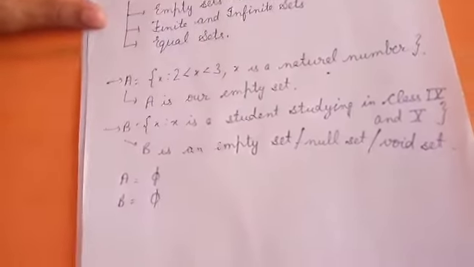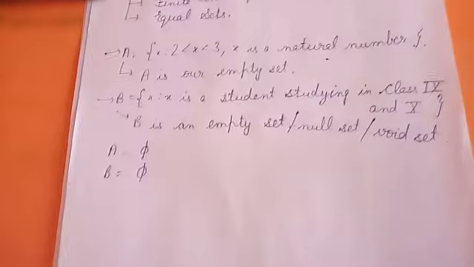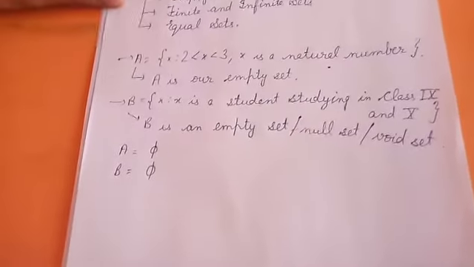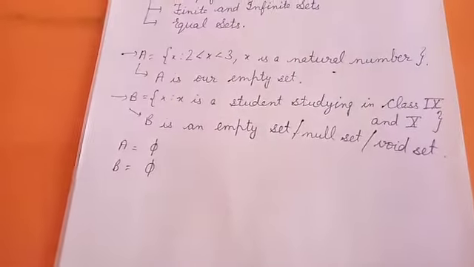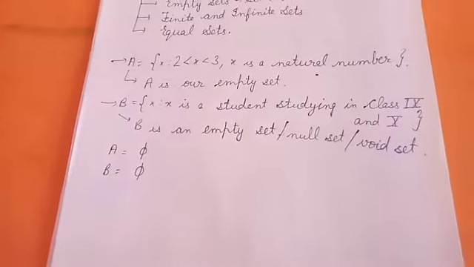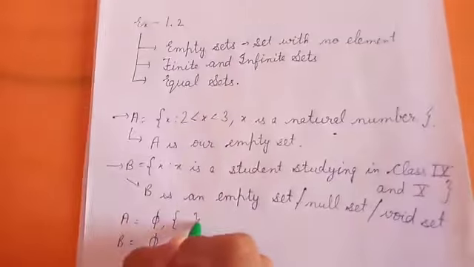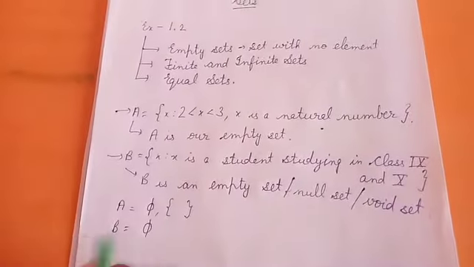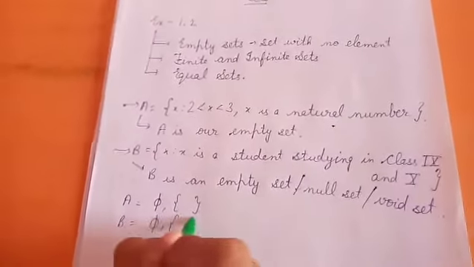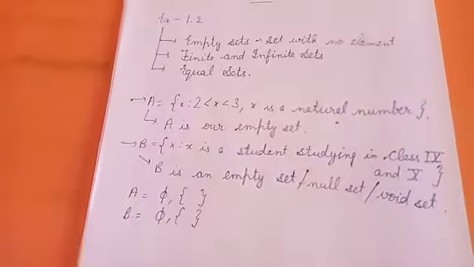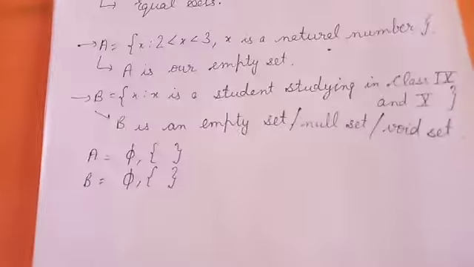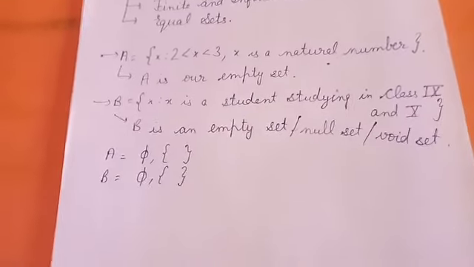So you will represent the null set, the empty set, with this symbol, phi. Or you can use only curly brackets with nothing written inside them. This also means empty set. I hope it is clear to you.